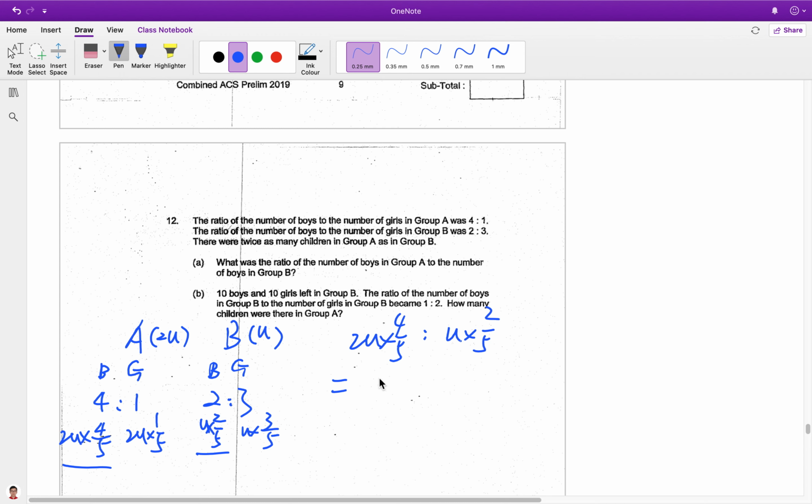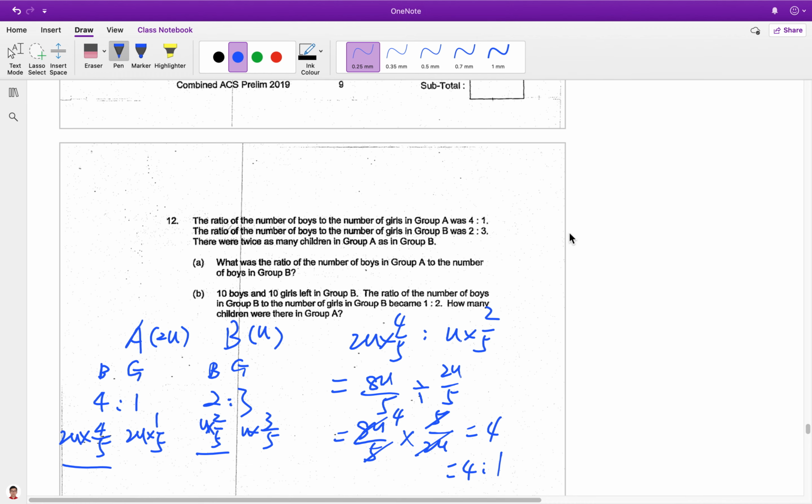So this one is 8u/5 divided by 2u/5, right? We need to reverse it, right? 8u over 2u is 4. So the ratio is 4 to 1.